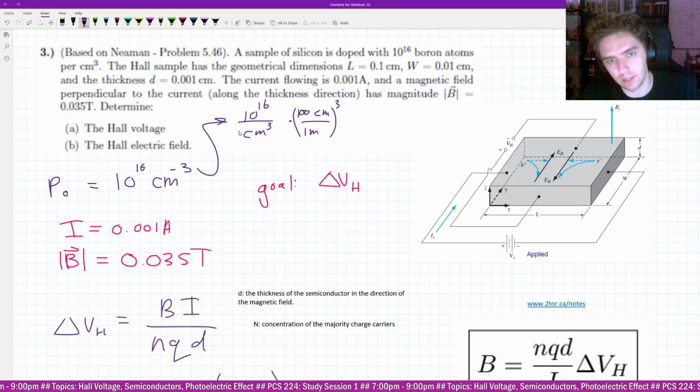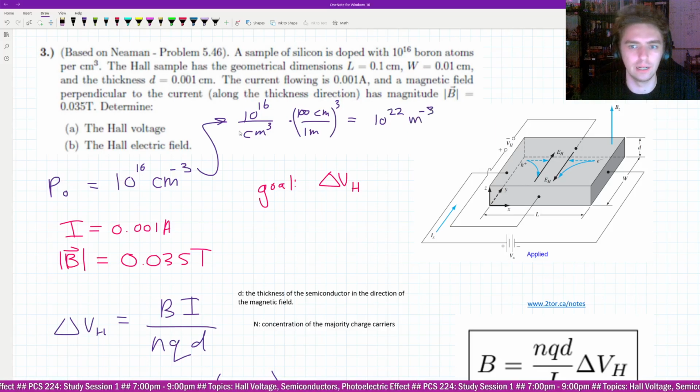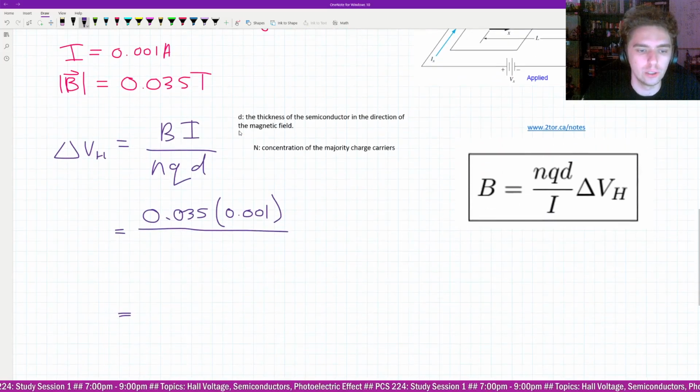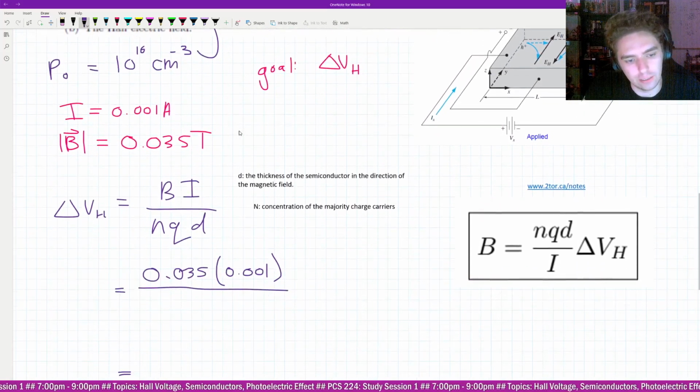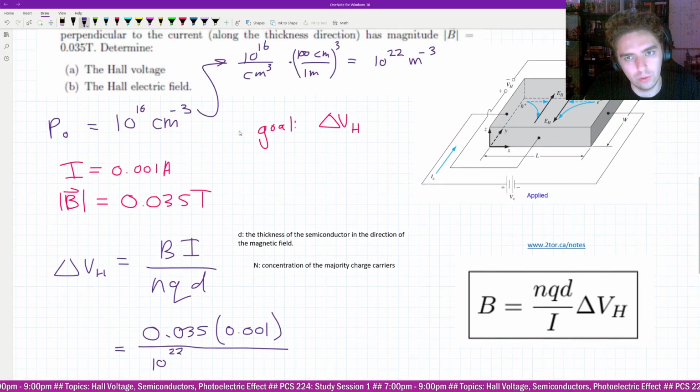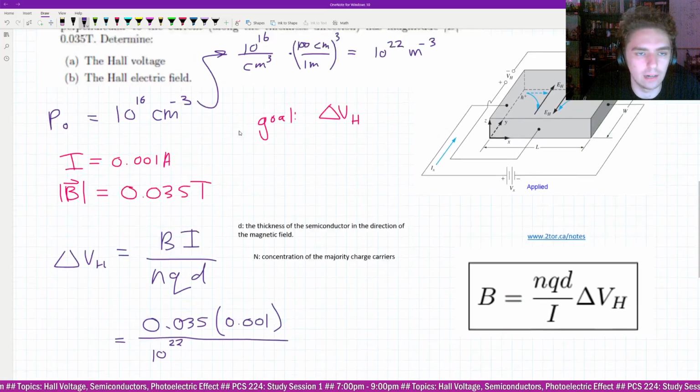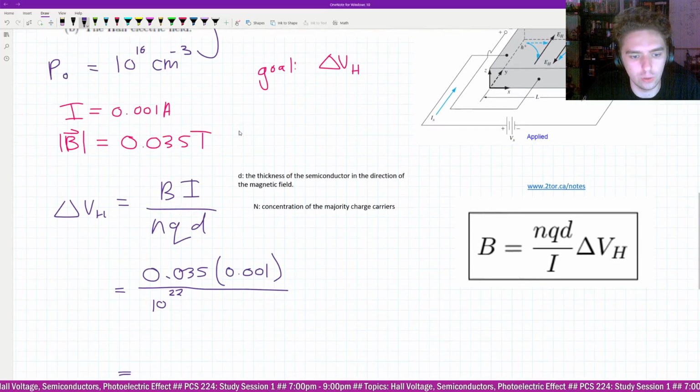I get 1 times 10 to the 22, so this is equal to 10 to the 22 meters inverse cubed. Okay, so then now I'm going to put that there instead. It's going to be 10 to the 22. That's fine now, the meters is right. And then Q is our E.